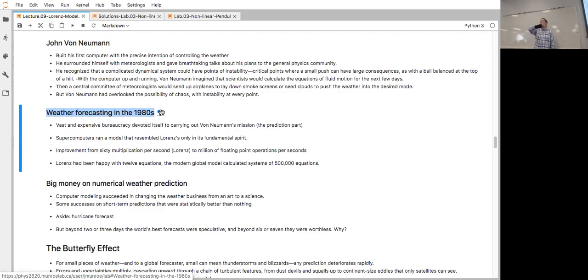You know how they do those cones of uncertainty and show you where it's going to go? We are actually able to predict the weather effectively several days out. We are much, much better. In the 1980s, before out to about 2 or 3 days, even the best forecasts were just really random guesses. And beyond 6 or 7 days, they were worthless.